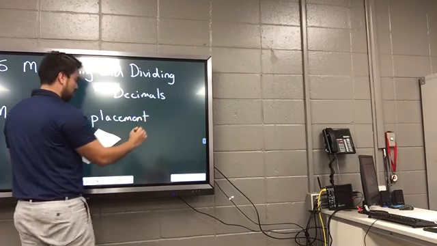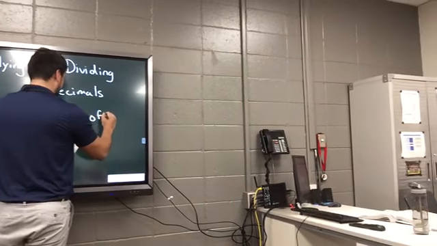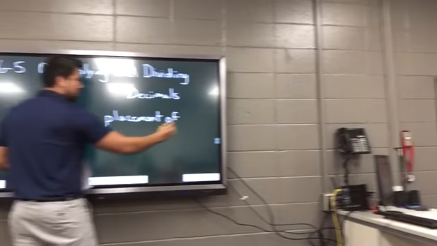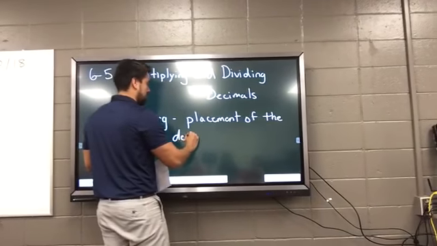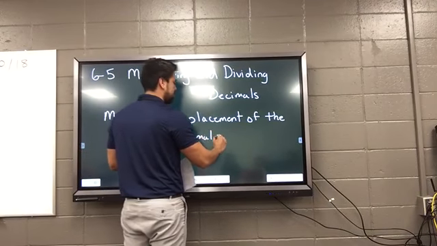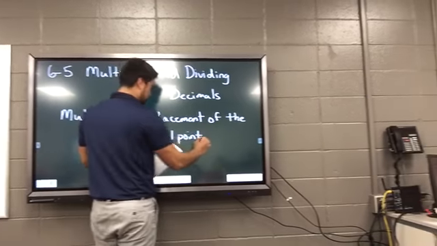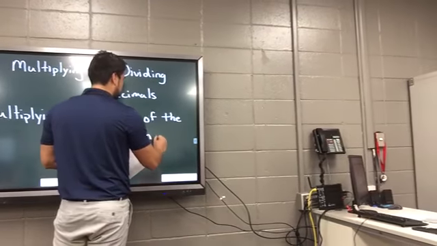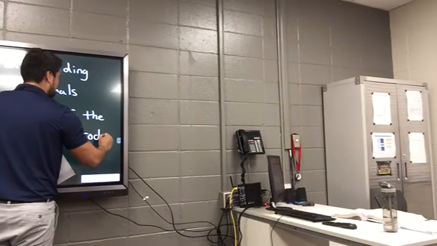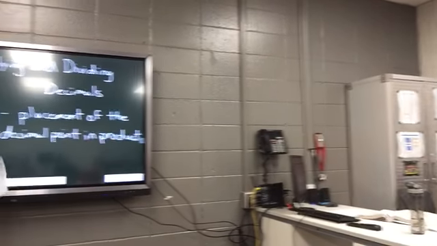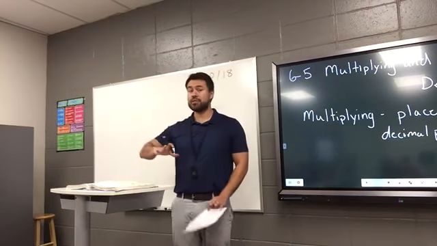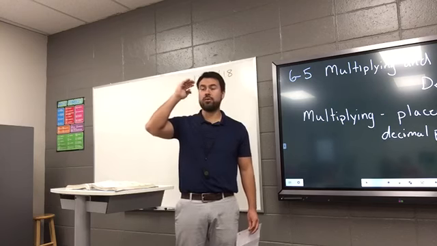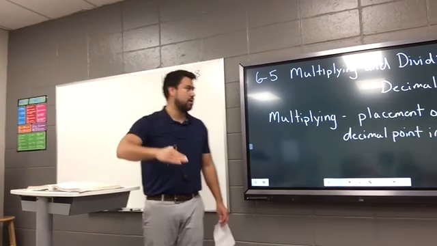The big thing I want you to look out for is the placement of the decimal point in the product. So really, with multiplying decimal numbers, you're not doing much different than you would with multiplying whole numbers.